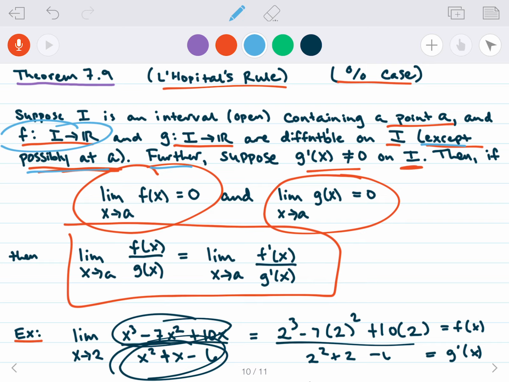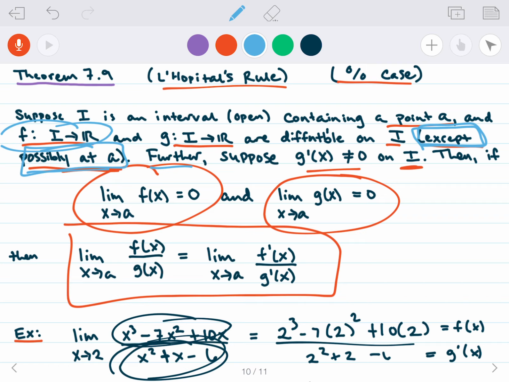Maybe that's something that you guys can investigate further, if we can make this proof simpler and still not assume differentiability at a. Okay, so something to think about. If you're bored, you can try to do this.